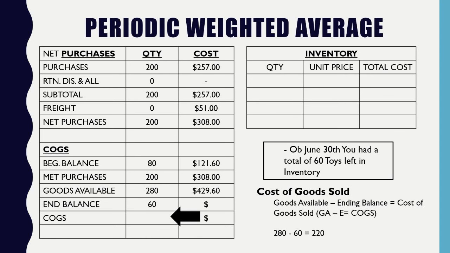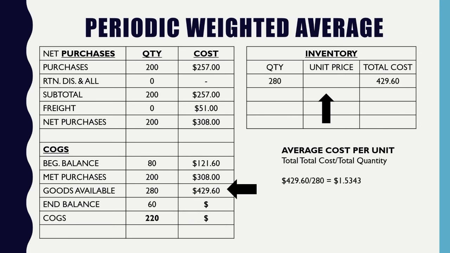Well, let's go ahead, because in this case, we have our cost of goods sold, because we have 60 units left on hand. So our assumption is, since I have 280 units available and 60 units on hand, I sold 220.